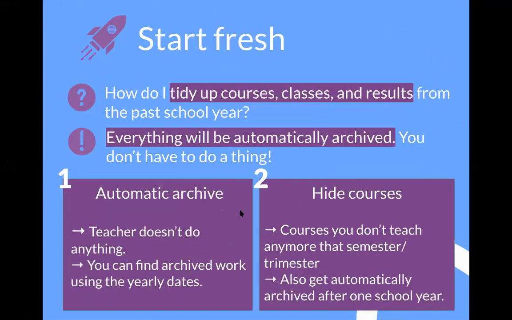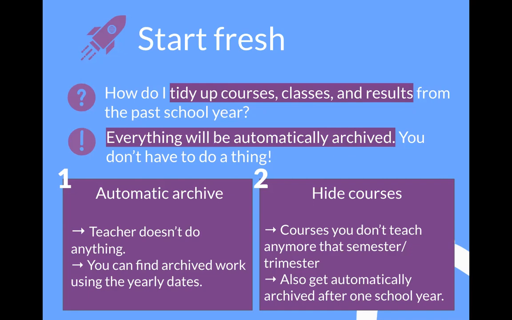So there are some other things you can do to start fresh, to tidy up courses, classes, and results from the past school year. The first thing is that everything will be automatically archived. So whenever a school year ends, after the ending of your school year, every course, every student work, every result will be automatically placed to the archive, which means it won't be in your way when you start giving new exercises the next school year.